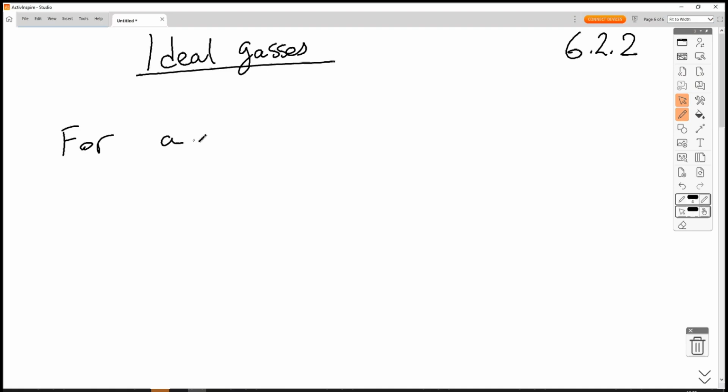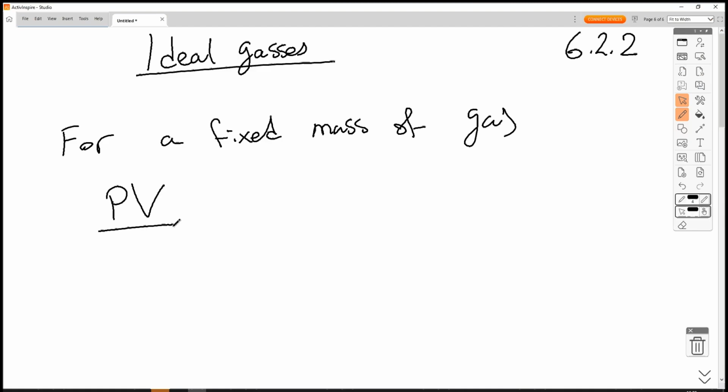Now, for a fixed mass of gas, the equation PV, pressure times volume, divided by temperature, is a constant.